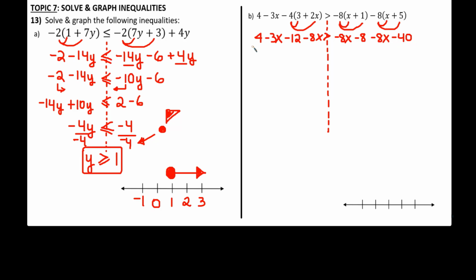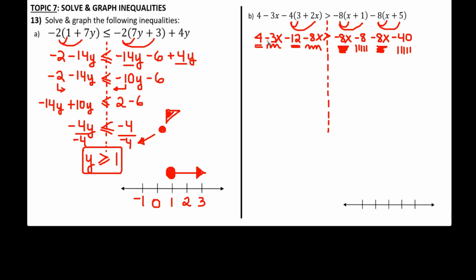Now we're going to combine like terms on each side. So 4 is going to combine with negative 12. And the 3 is going to combine with negative 8. On this side, we have negative 8x is going to combine with the other negative 8x. And then here we have negative 8 combining with negative 40.